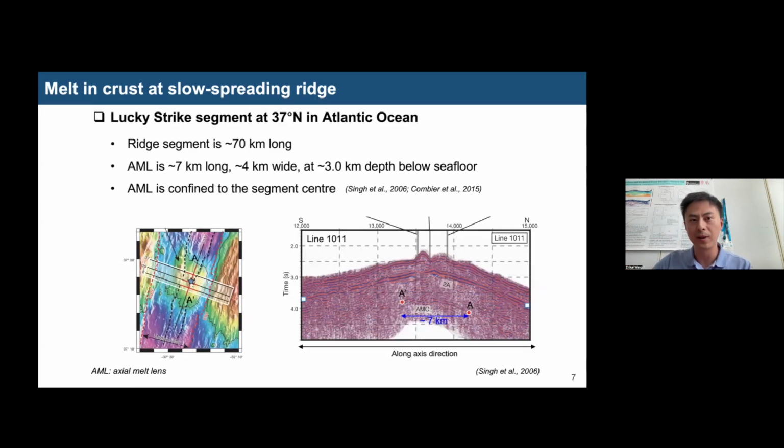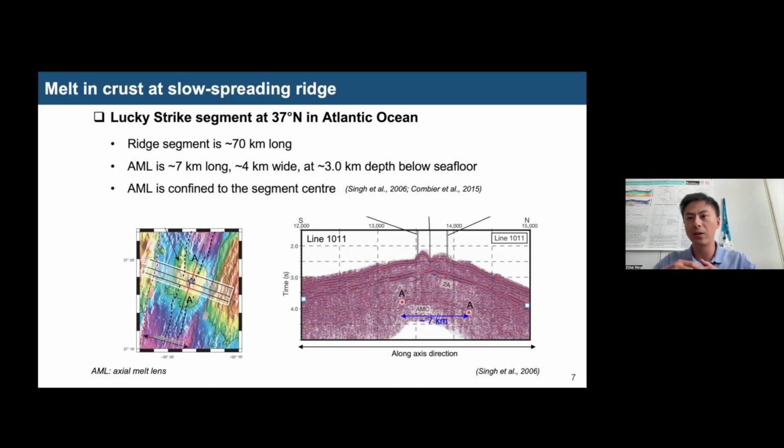Another example is the Lucky Strike ridge segment at 37 degrees north in the North Atlantic Ocean. This ridge segment is 70 kilometers long, and seismic reflection study has imaged the axial melt lens, which is here. On this ridge segment, the axial melt lens is about 7 kilometers long, 4 kilometers wide, at 3 kilometer depth.